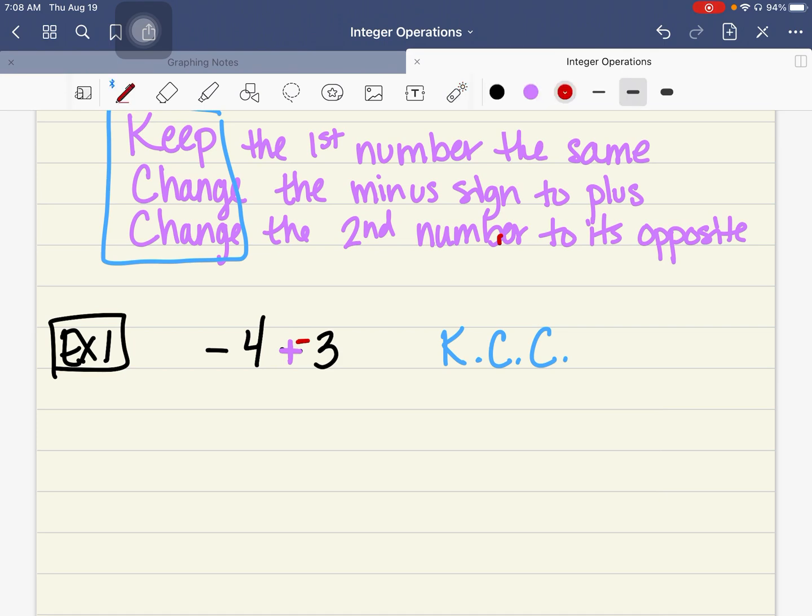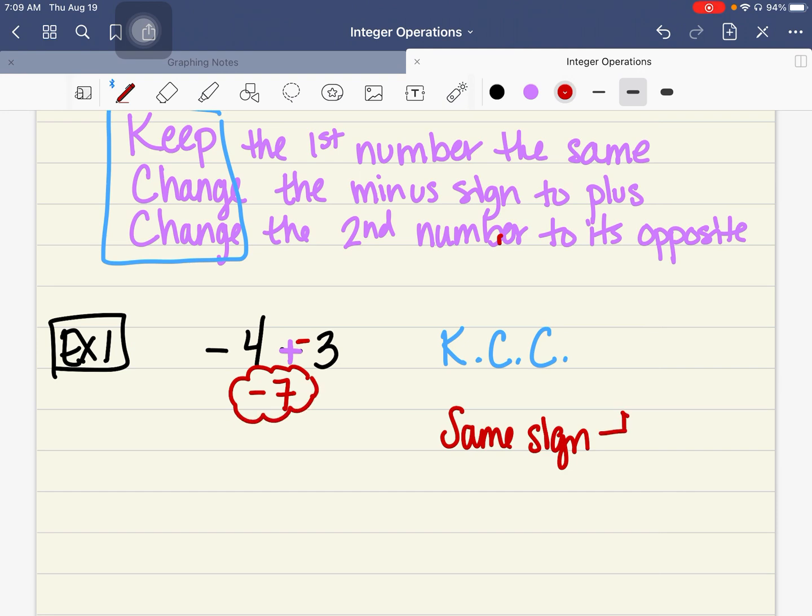And -4 plus -3, now we say, oh, they have the same sign. Remember this, same sign. From last time, if they have the same sign, we add them together because the two arrows don't overlap. So if I add these two together, I get 7. And then we use the sign of whatever number they have because the arrows are going in the same direction. So the answer is -7.